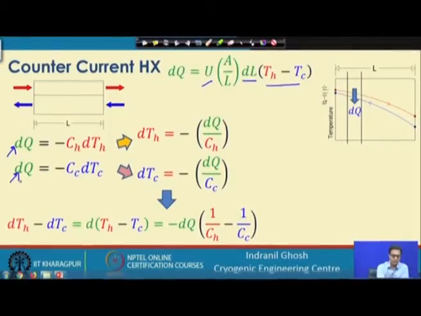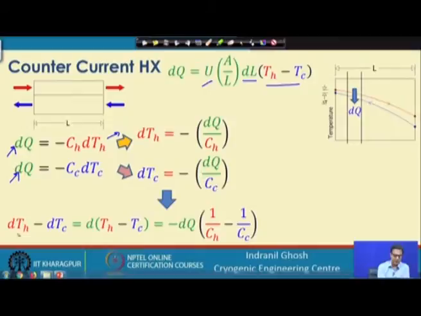In terms of the cold fluid, we can write that dq equals minus Cc dTc, where dTc is the change in temperature happening in the small elemental length dl in the cold fluid. We can write this in the form where dTh can be written as minus dq by Ch, and dTc can be written as minus dq by Cc.